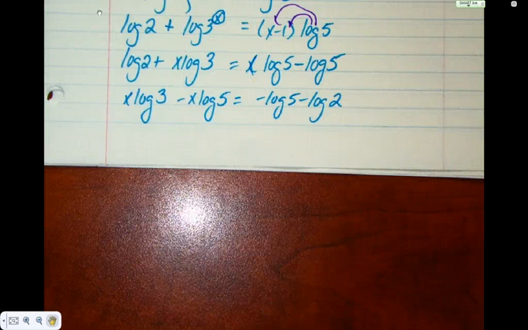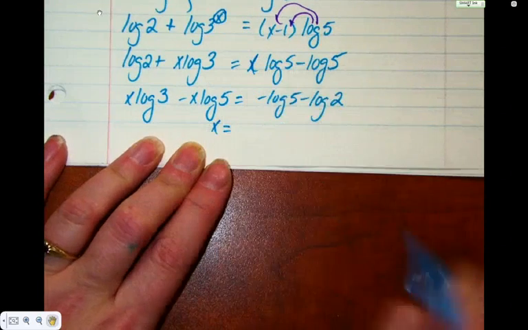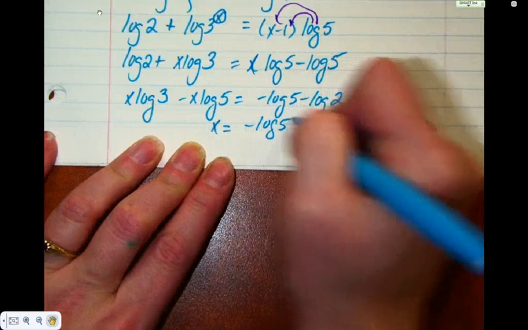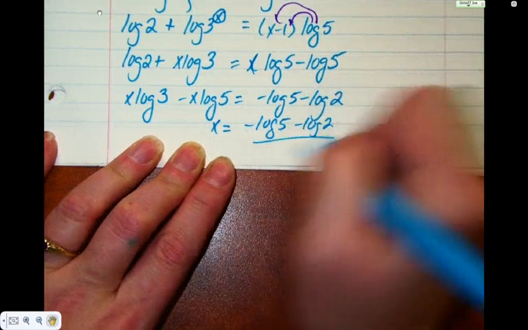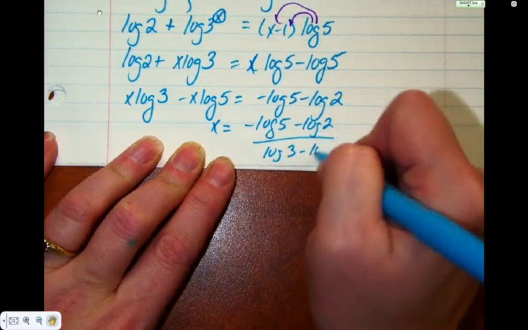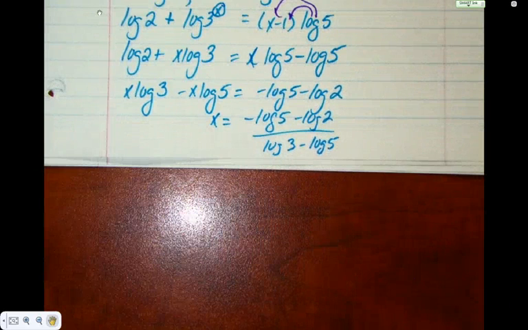Factor out X. If you can do the factoring and the division in one step, feel free. So if your brain can go right to X equals negative log 5, negative log 2, divide by log 3 minus log 5, okay, you can skip that step. If your brain's like, whoa, then do the factoring and then do the division.